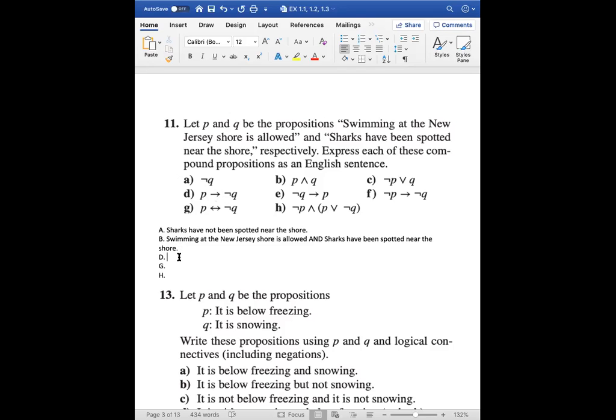So we have: if P, the statement represented by the variable P, if swimming at the New Jersey shore is allowed, then, taking this negation sign into English, which is represented by the word not, sharks have not been spotted near the shore.